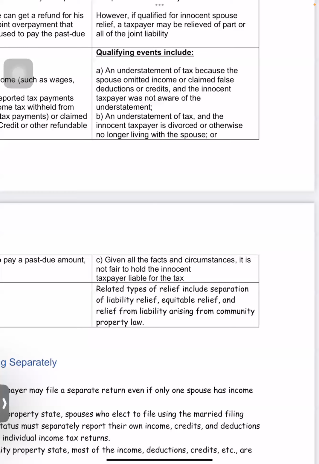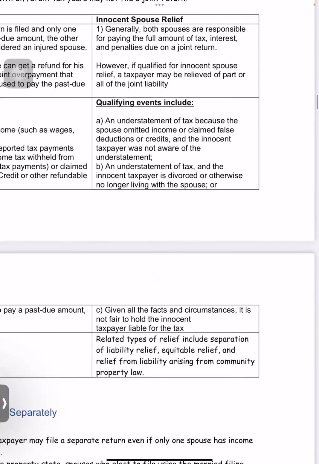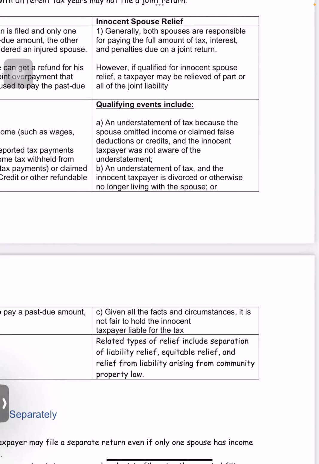All your assets, all your income will be divided 50-50 if you're filing a separate return. In that topic we did community property law, where all the incomes and all the assets will be divided 50-50. Now, yes Mohit, they can't file MFJ. That's why there is no condition given over here for filing MFJ.